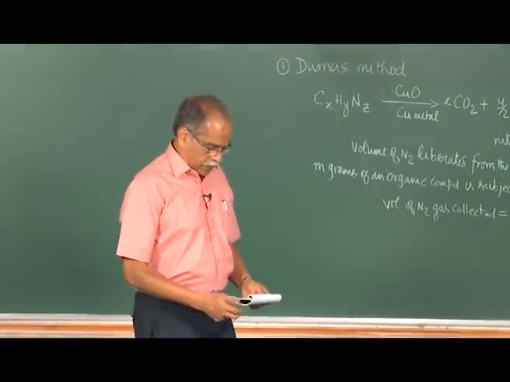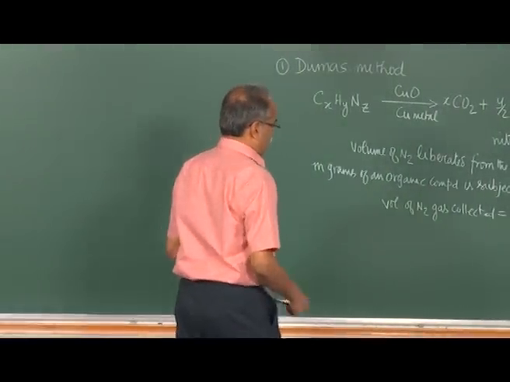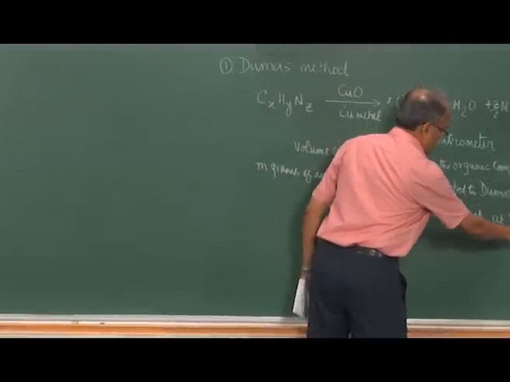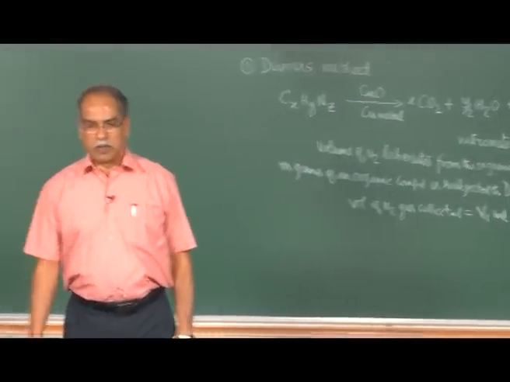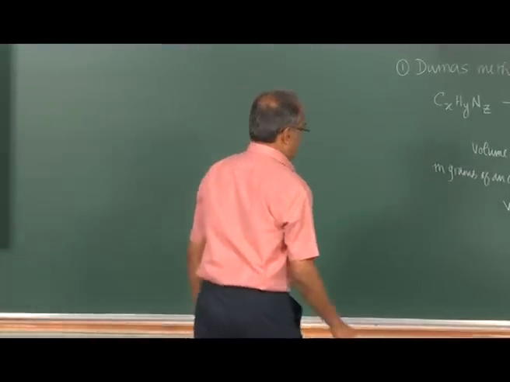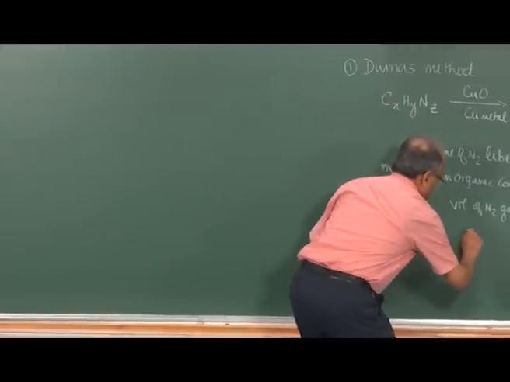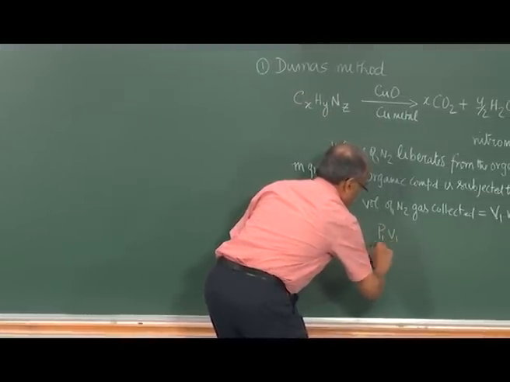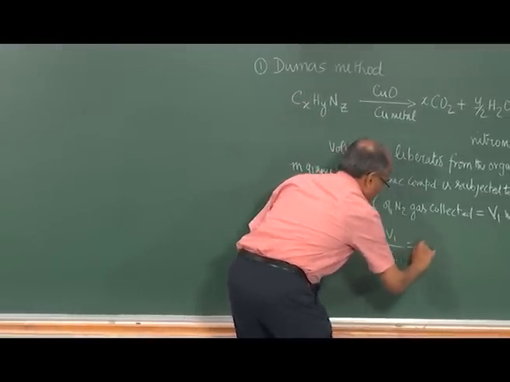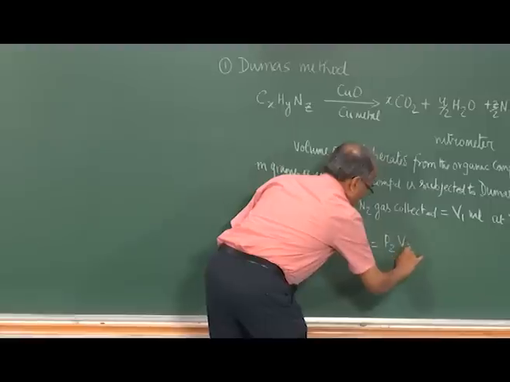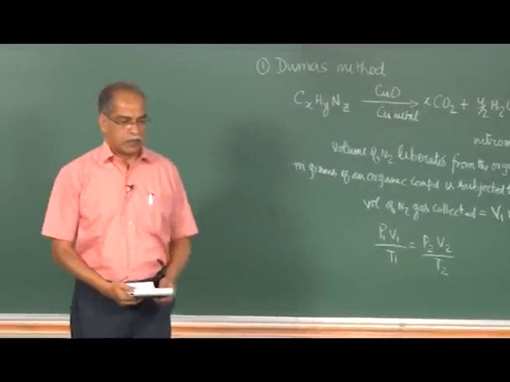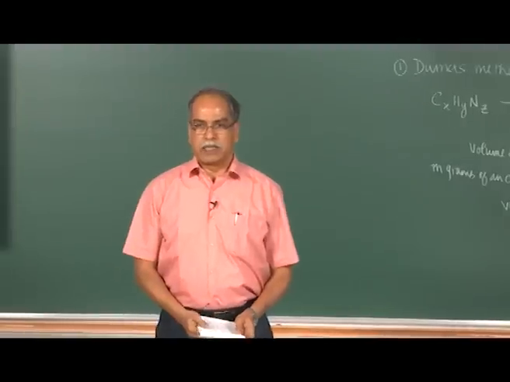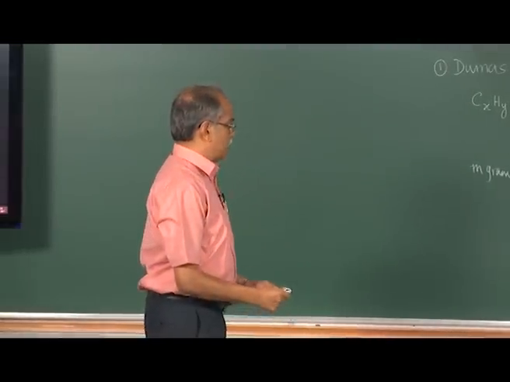So, one needs to correct the pressure for the actual pressure of nitrogen by subtracting the vapor pressure of water vapor at that particular temperature. Then one uses the equation P1 V1 by T1 is equal to P2 V2 by T2 in order to find out the volume of nitrogen gas that is collected under standard temperature and pressure.